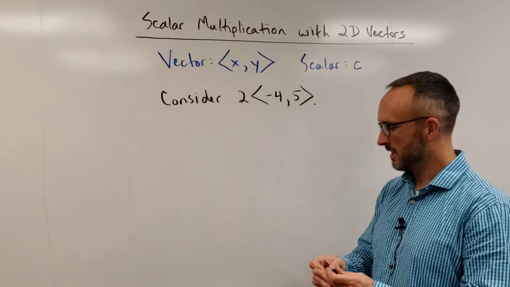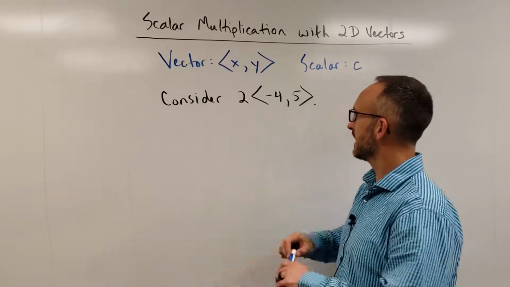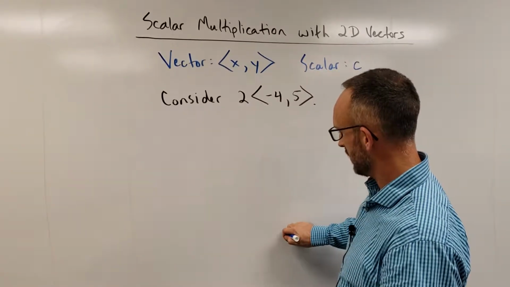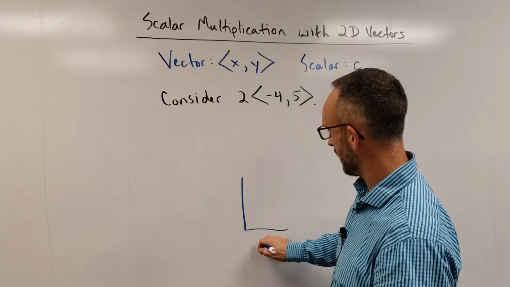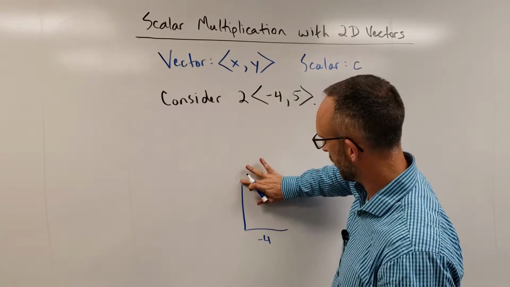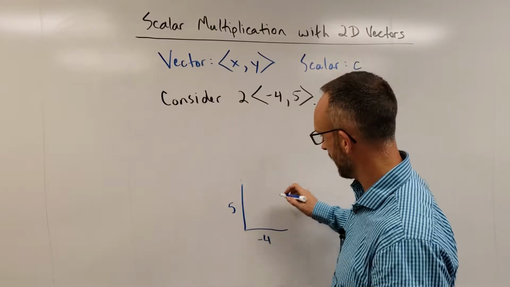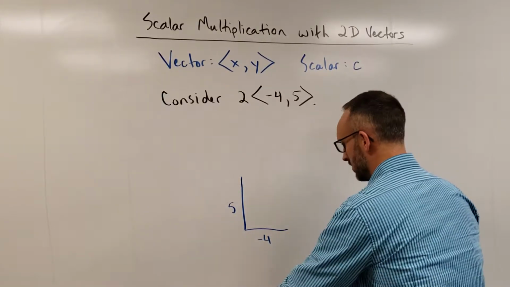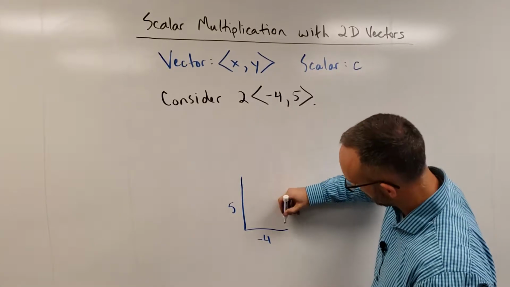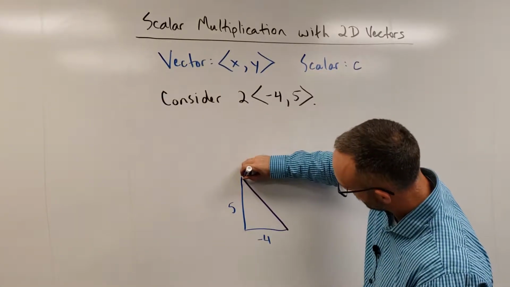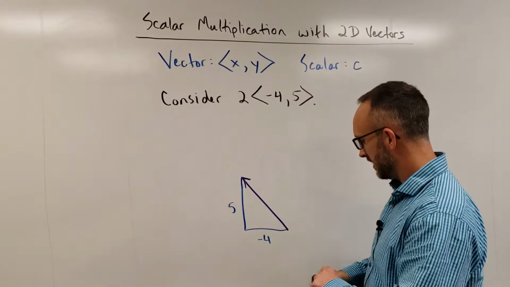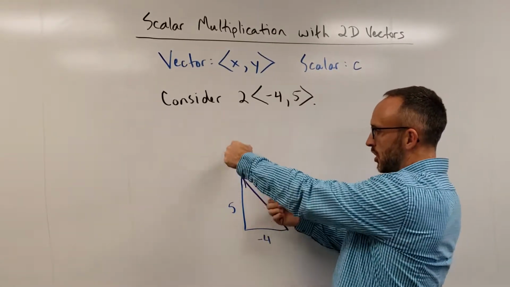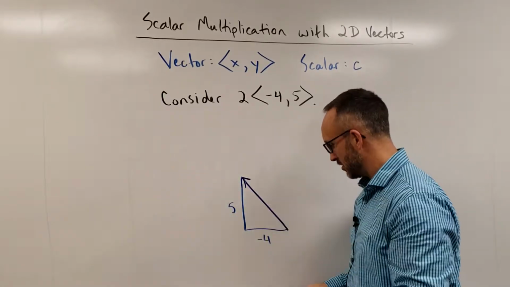What this means is if you take the vector -4, 5, which looks like this, so left 4, up 5, maybe I went a little far there, left 4 and up 5. So the vector -4, 5 looks like this. Then the vector 2 times -4, 5 just multiplies all of this by 2.